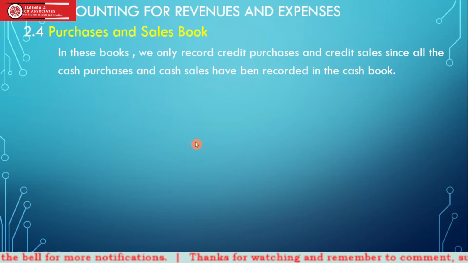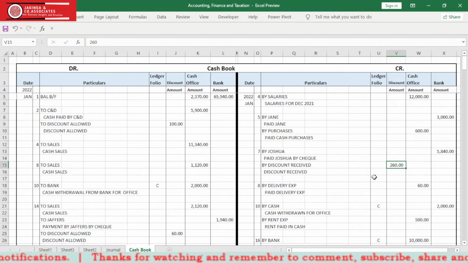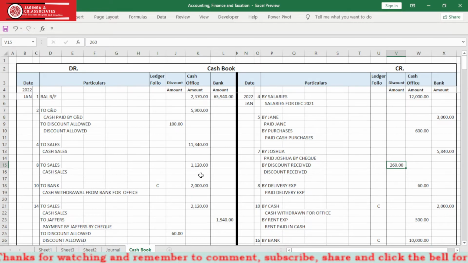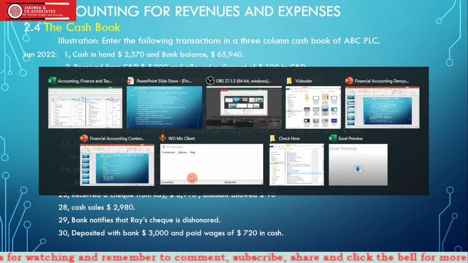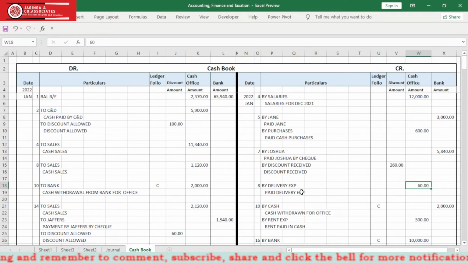And I received a discount of 260 is here. And then cash sales of 1120 cash sales here. And then a delivery of 60 was paid in cash.